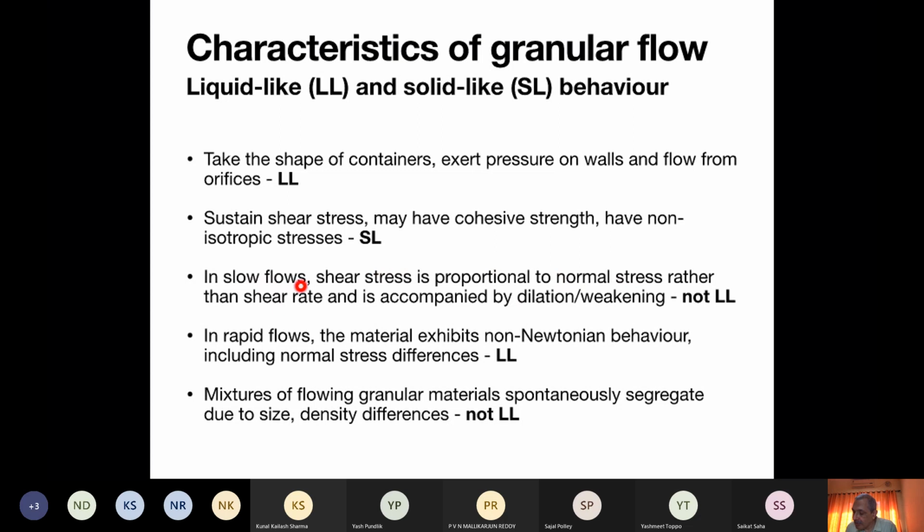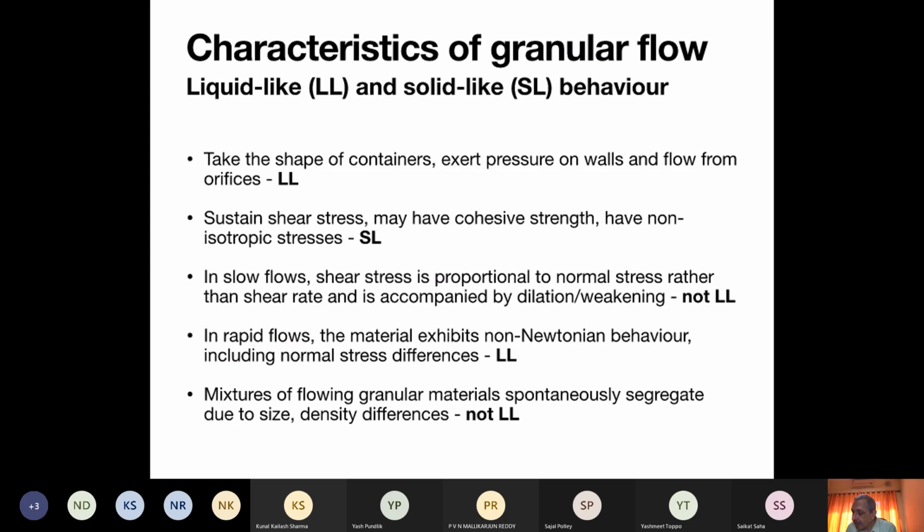So we can understand why this happens. And then, of course, when the particles are flowing, I briefly mentioned this also, that they tend to be pushed apart. So there is a dilation that can happen. So this is certainly not like a typical liquid. It's an unusual liquid, so it's not liquid-like.